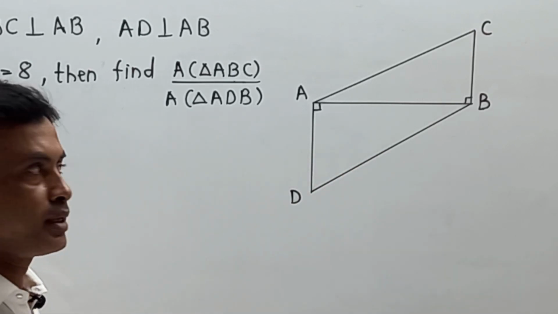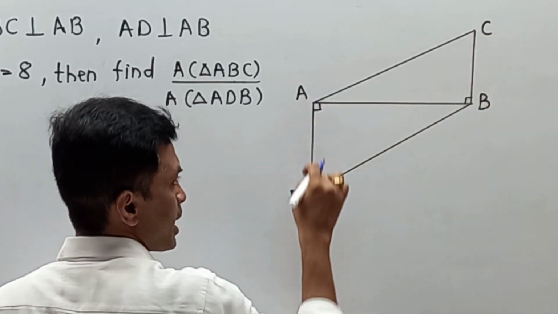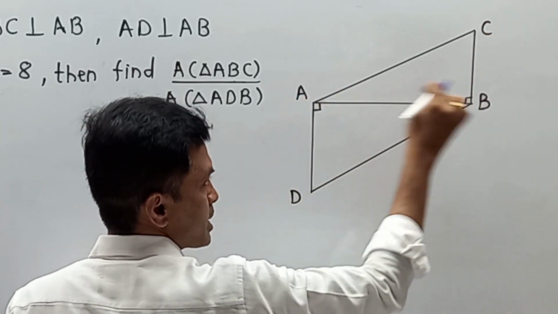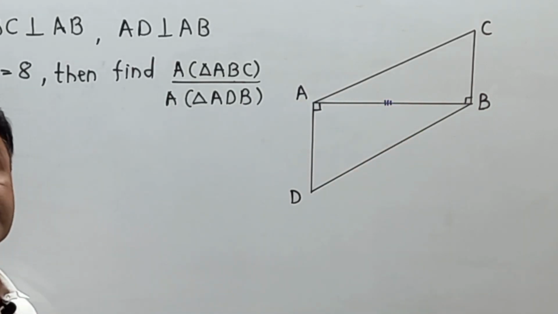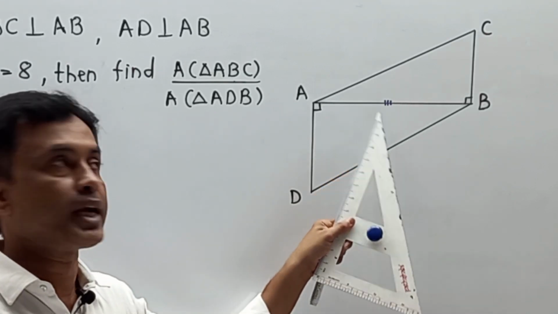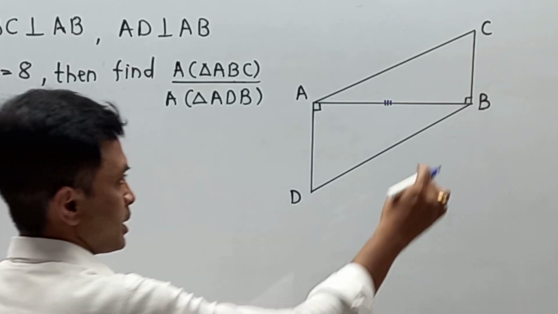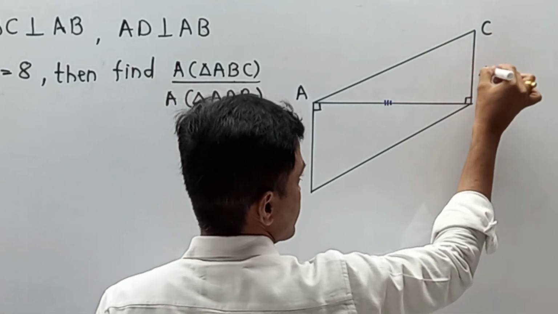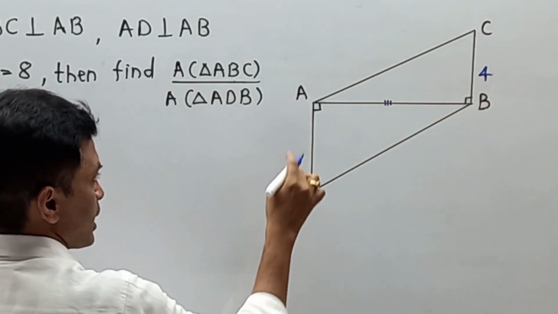Now in both triangles, in triangle ABC as well as in ADB, the base AB is common or the same over here. This is a numerical of the type where two triangles, in terms of ratio of area, have the same or common base. Also in the data, they have given BC as 4 and AD as 8.